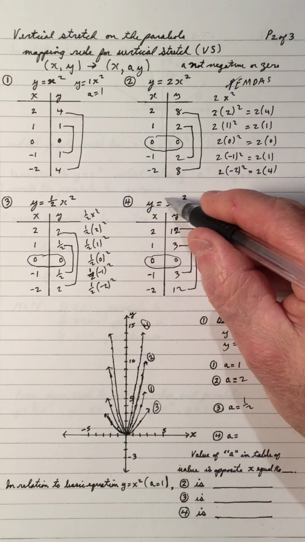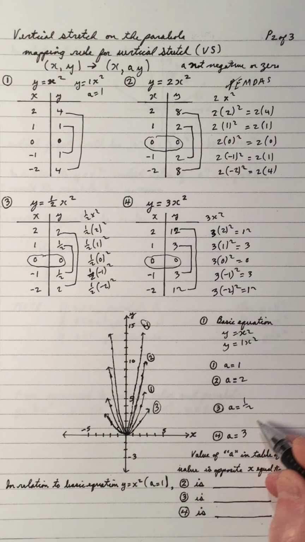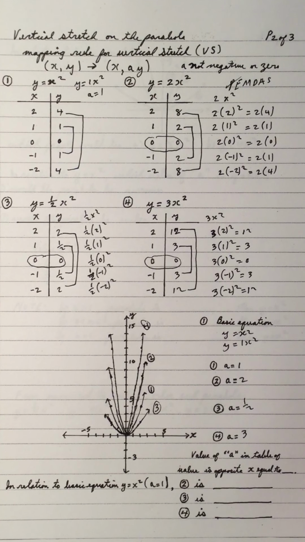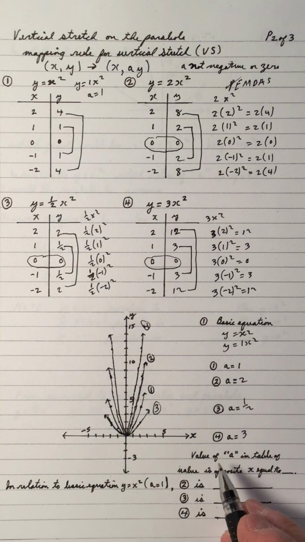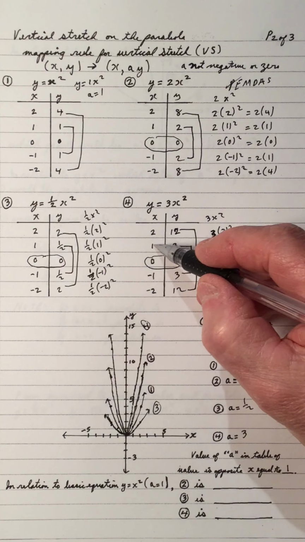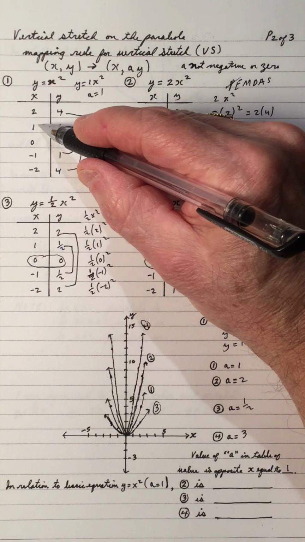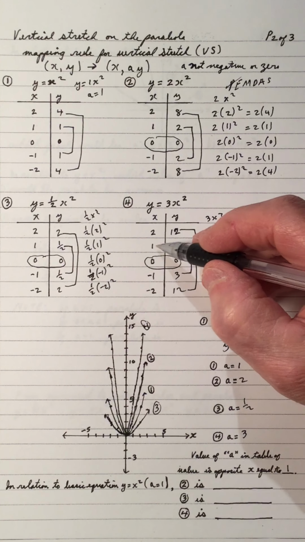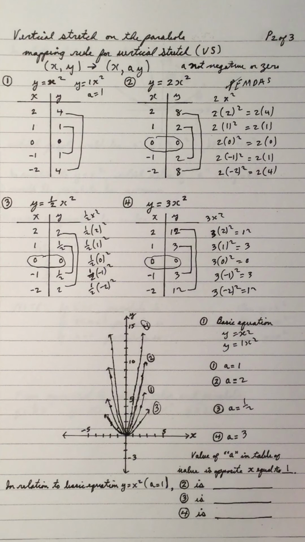And in number 4, a is 3. So a is the value that x squared is multiplied by. The value of a in the table is opposite to the x value equal to 1. A is 1. A is 2. A is a half. A is 3.